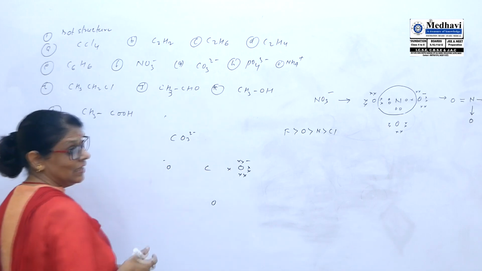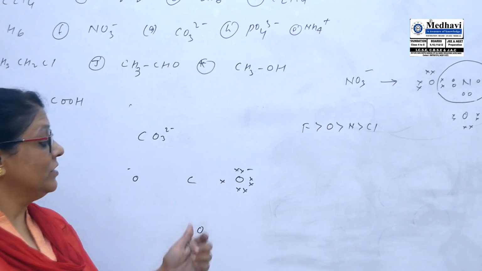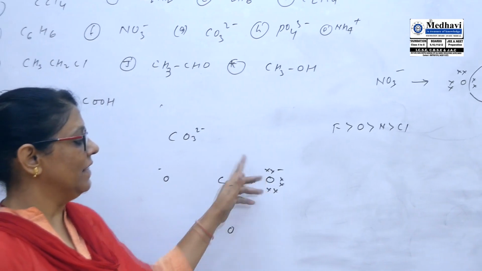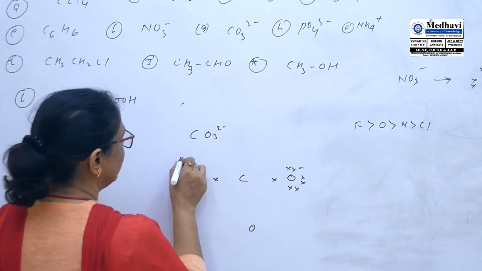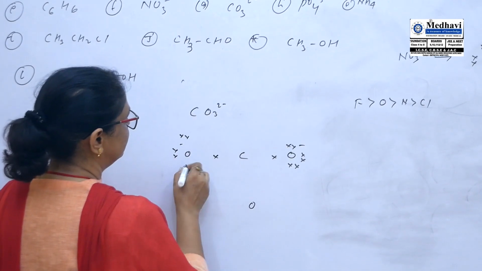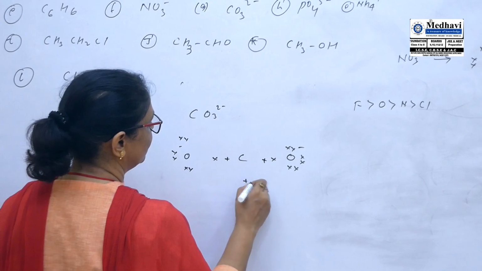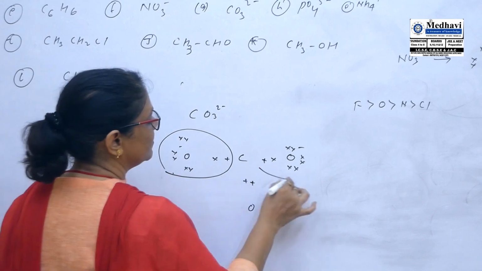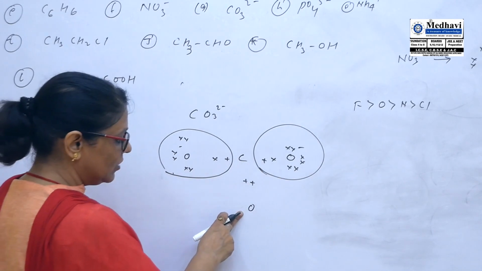I have already explained the number of electrons required to fulfill the octet. Suppose 7 is here, so out of 7, 1 is required, so 1 is in between 2 atoms and the remaining is outside. So here also 1, remaining 6 outside. This carbon has 4 electrons, so here 1, remaining 2. So the octet of this oxygen has completed. The octet of this oxygen has completed, but carbon needs 2 more electrons to fulfill its octet.